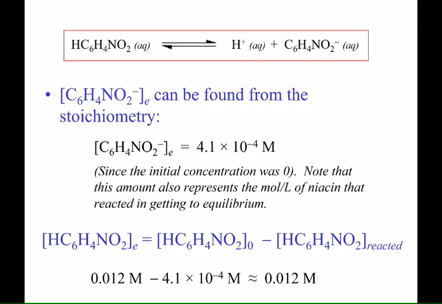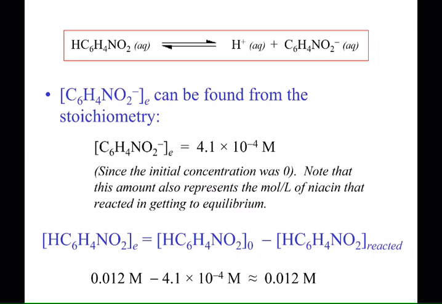The equilibrium concentration of your weak acid in equilibrium with the H plus and its conjugate base, that would be what you started with, 0.012 moles per liter, minus what reacted, which was that 0.00041 moles per liter, which, like I showed you, by the time you round it, is like not subtracting anything.